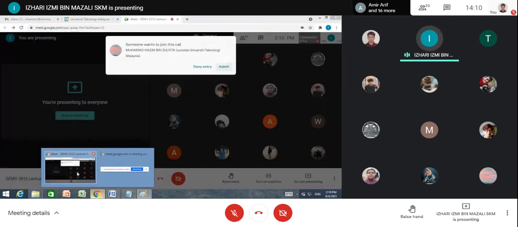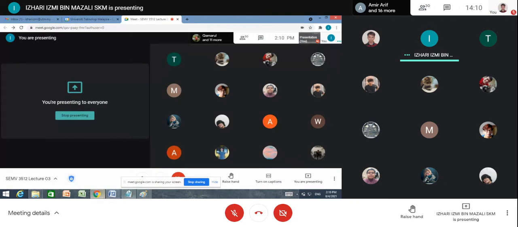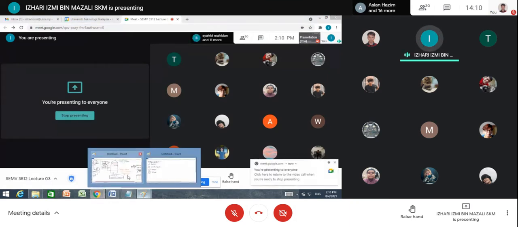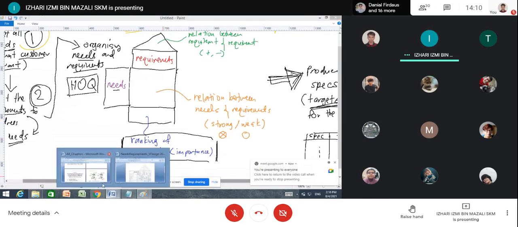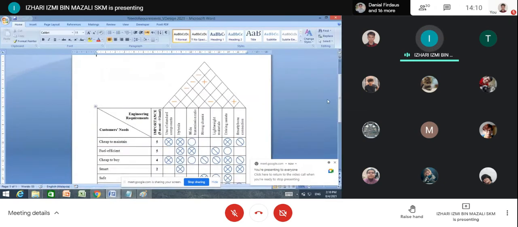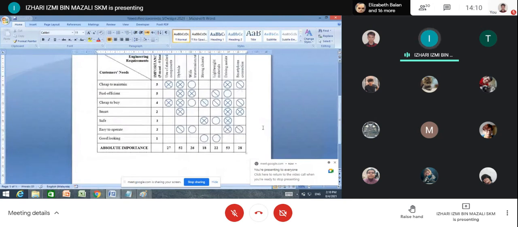The rank means that the requirement has the greatest importance. For example here, you have the absolute importance, which can be used to rank the requirement. So in this case, this one is the most important requirement based on this.